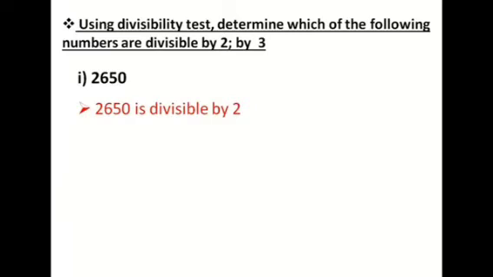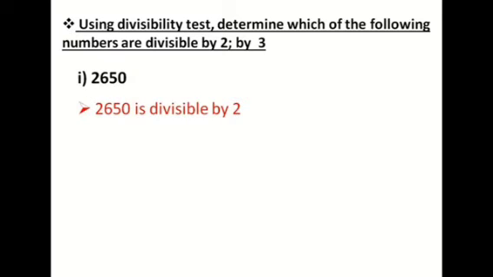Now we will try whether the number is divisible by 3 or not. The rule says if you sum up the digits, 2 plus 6 plus 5 plus 0, and the sum is divisible by 3, then only the number will be divisible by 3. So 2 plus 6, 8, 8 plus 5, 13, 13 plus 0, 13.